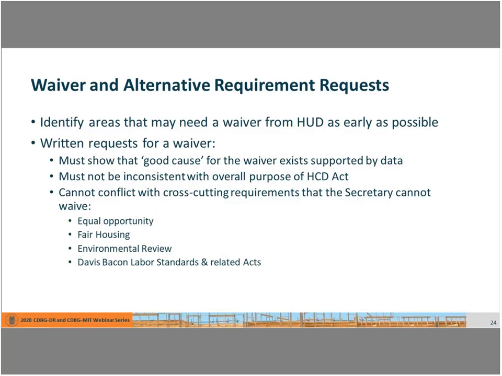If you are seeking waivers, support them with a solid rationale that shows a good cause and that it's not inconsistent with the original Housing and Community Development Act. And if we go all the way back to the beginning of the CDBG program, this is the basis for why these funds are made available and made available in the disaster recovery context as well.